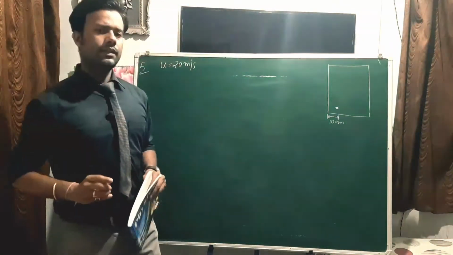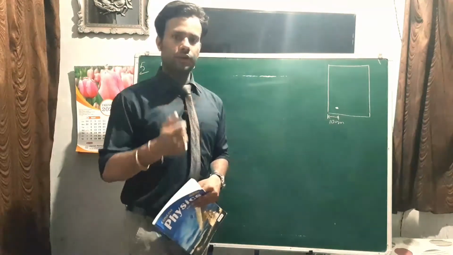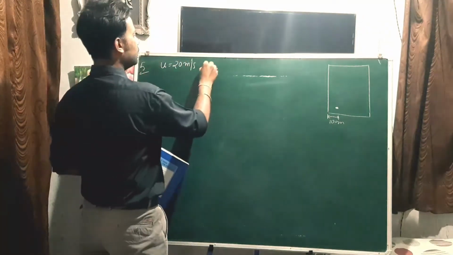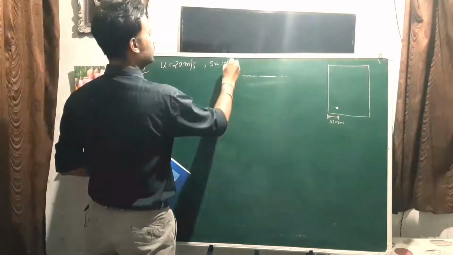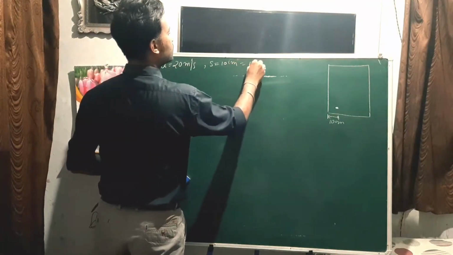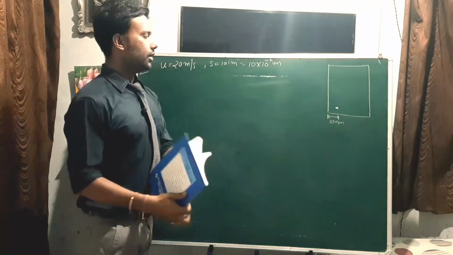So the bullet travels 10 centimeter distance before it comes to rest. S is basically 10 centimeter, not meter. That means 10 into 10 to the power minus 2 meter.